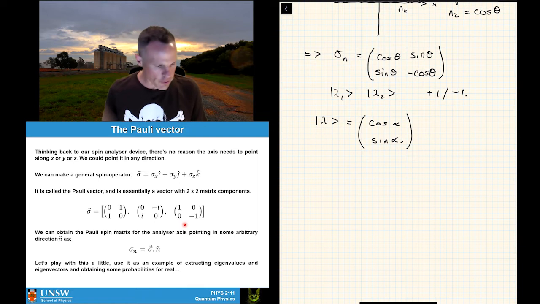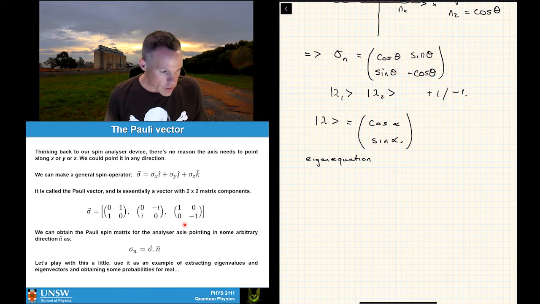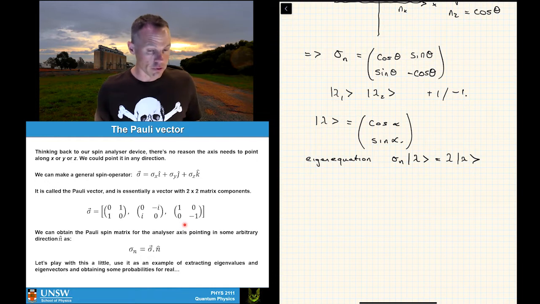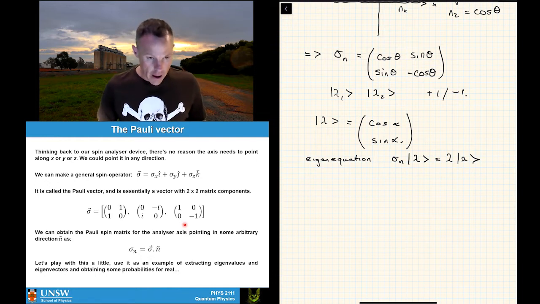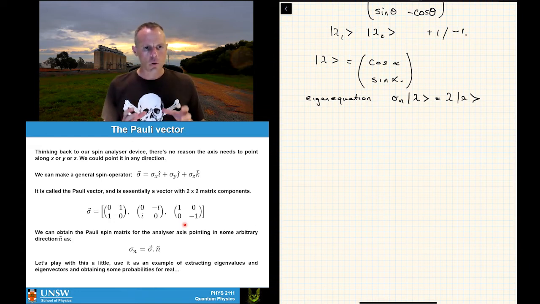And what we're going to specify in here is that it obeys an eigenequation that looks like this. Sigma n acting on our eigenvector lambda will be equal to lambda times lambda, okay? Standard eigenvector equation, and very commonplace to start approaching this, right? So what we're going to do now is write this in matrix form.